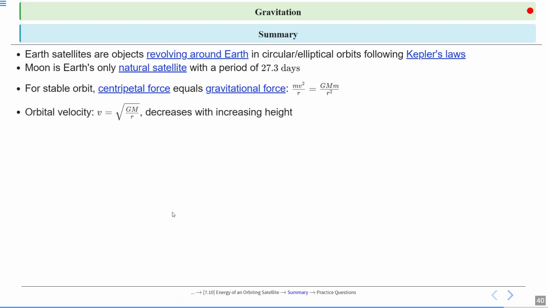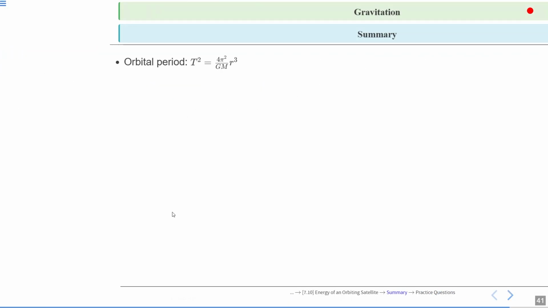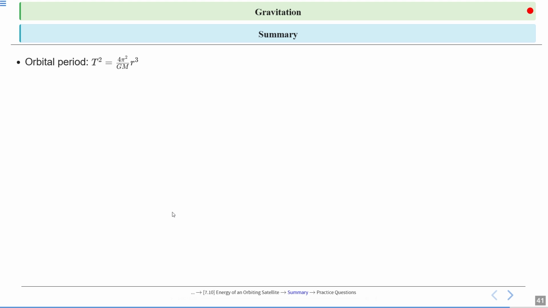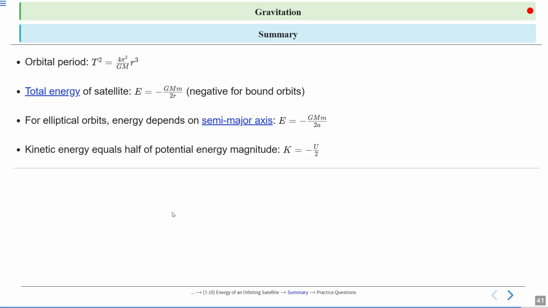So orbital velocity v = √(GMₑ/r), which decreases with increasing height. Escape speed is √2 times orbital velocity, so vₑ = √2 v₀. Orbital period: T² = 4π²r³/GM. Total energy of a satellite is E = −GMm/2r, negative for bound orbits. For elliptical orbits, energy depends on the semi-major axis: E = −GMm/2a. And kinetic energy equals half the magnitude of potential energy, K = −U/2.